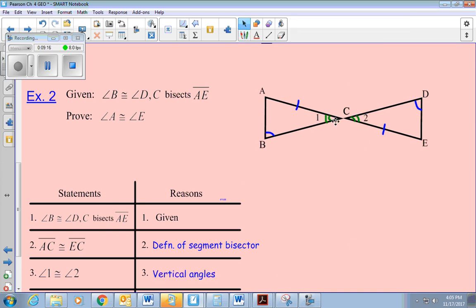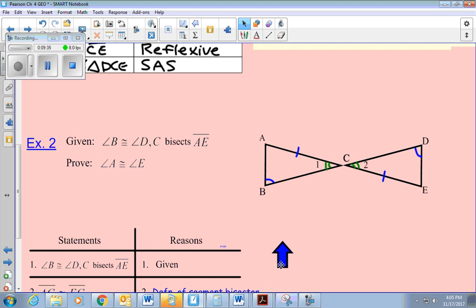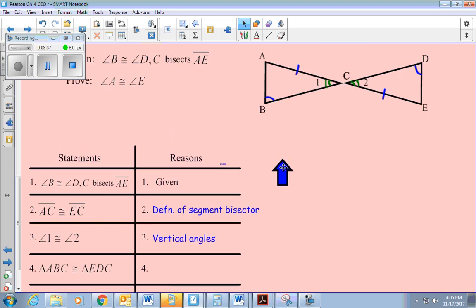They're right across from each other. You could think of it like this too: it makes an X, and what letter is over there in the alphabet, kind of a round X? Oh yeah, V for vertical angles. So here are our two angles.